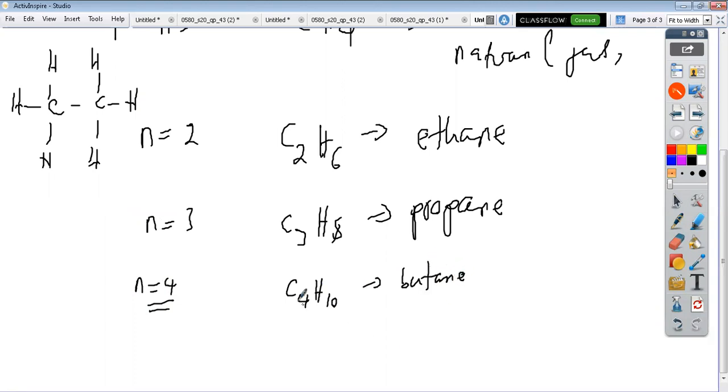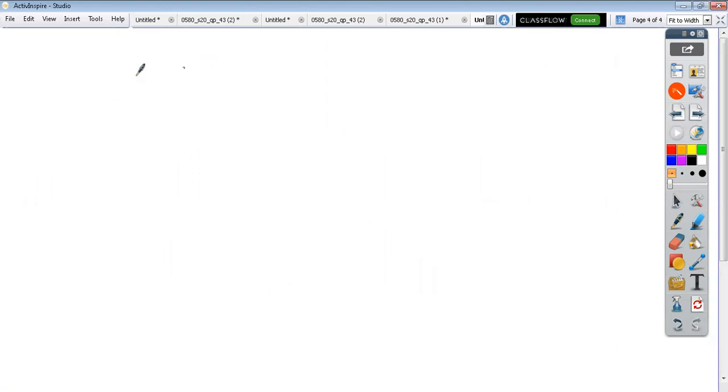Like this, 4 carbons. But now starting from 4, I start having what are called isomers. Isomers: same molecular formula, but different structural formula. So starting from butane, that's when we start having isomers.